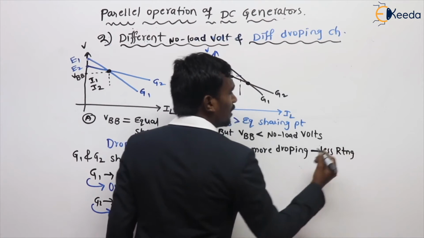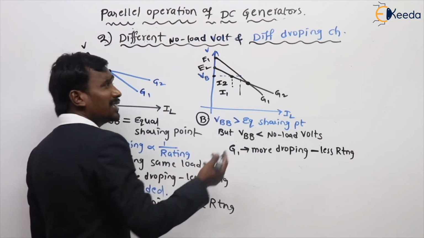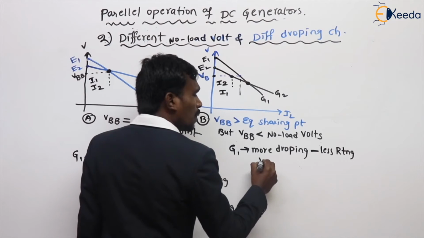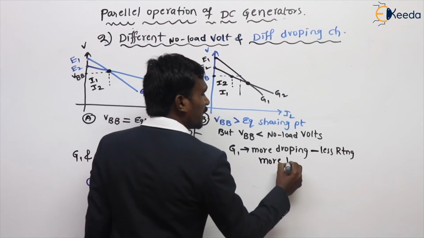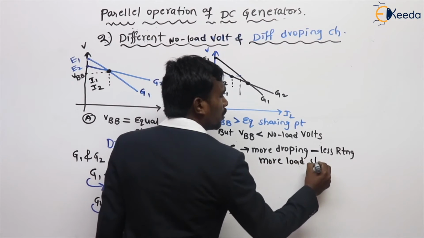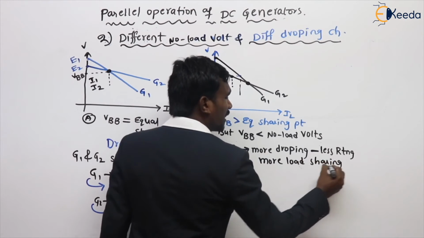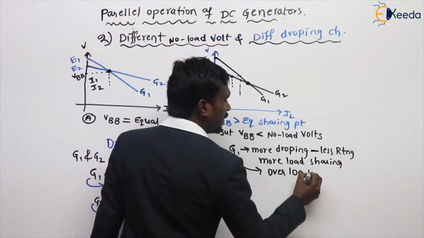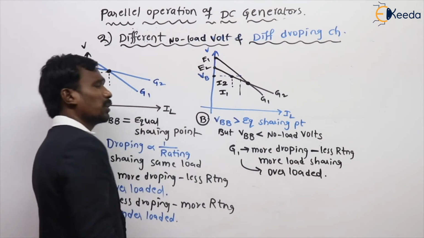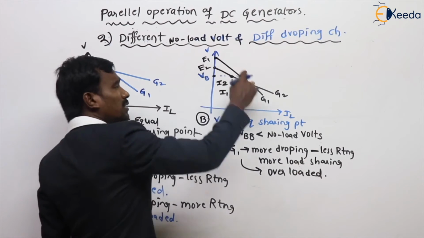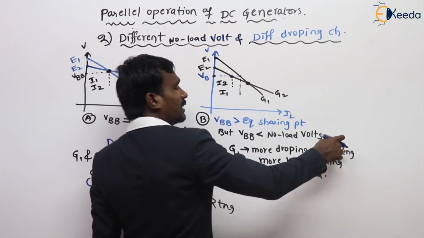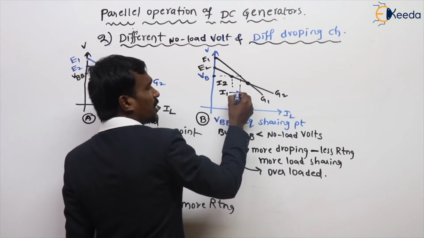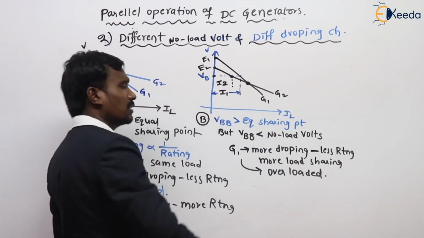Yes or no? This less rating has more load sharing, which is very difficult. This is very overloaded. Yes or no? This is more drooping, nothing but less rating, but the current sharing is more. That's why this is overloaded.